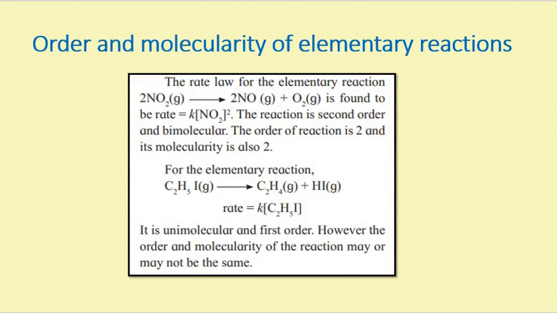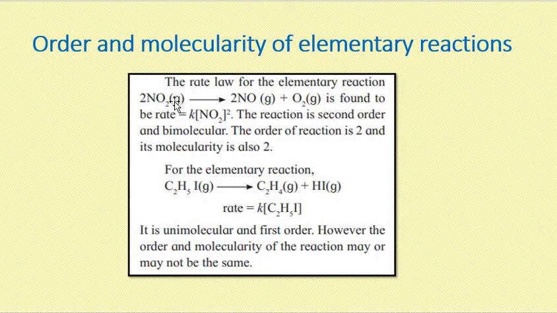Now, order and molecularity of an elementary reaction. Again I am telling you, elementary reactions are those which happen in one step. Let's suppose this is a reaction where nitrogen dioxide is decomposing and experimentally we have determined its rate, which is equal to K multiplied by nitrogen dioxide raised to power 2. Because its exponent is 2, we call this a second order reaction.